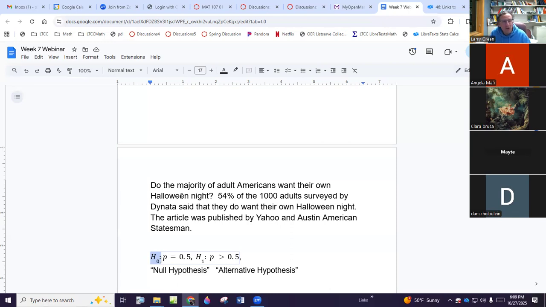You're trying to show the majority want their own Halloween night. The other side says, "Hey, it's not the majority." What's the biggest percent that isn't the majority? Hopefully y'all know this. It's just English.